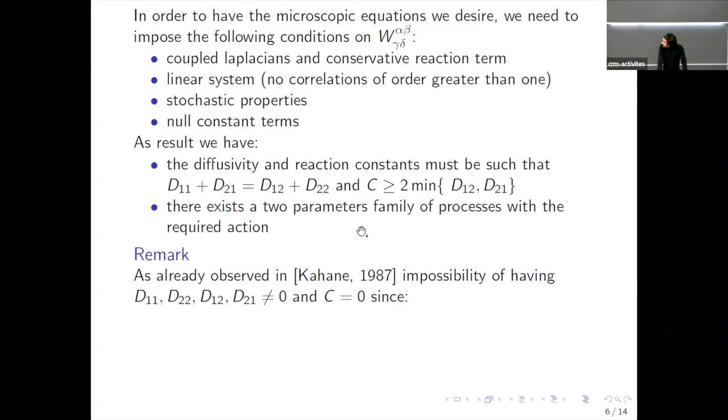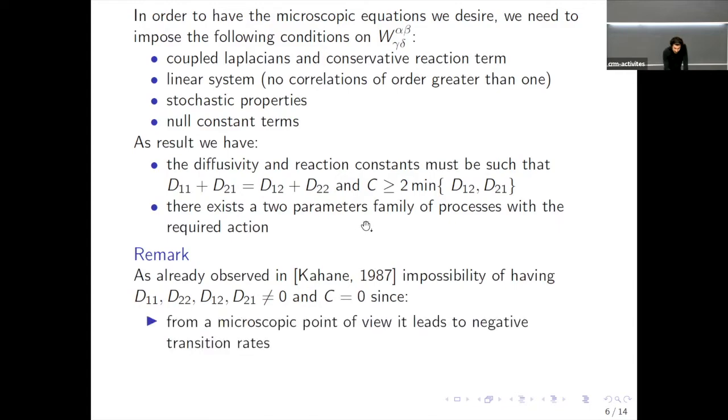A remark: the result we obtain is in agreement with something already observed by Kahane in 1987, namely the impossibility of having just a strong coupling without reaction. So we cannot have a system that is coupled in the second derivative but not in the zero derivative term.